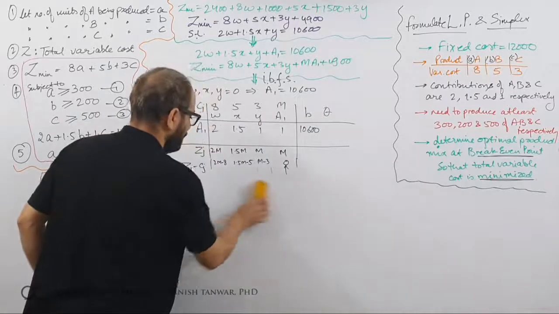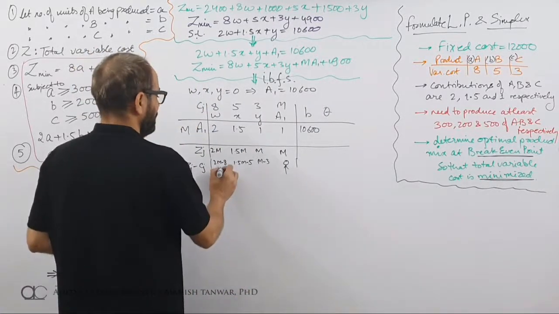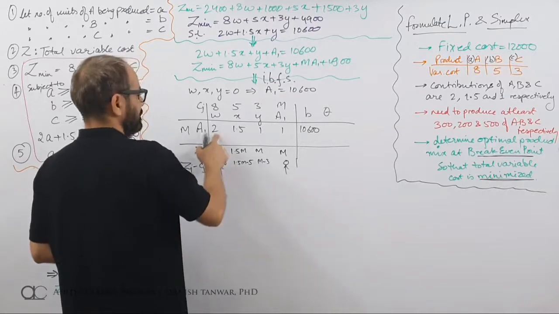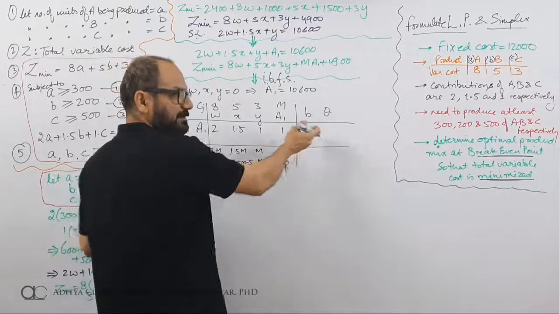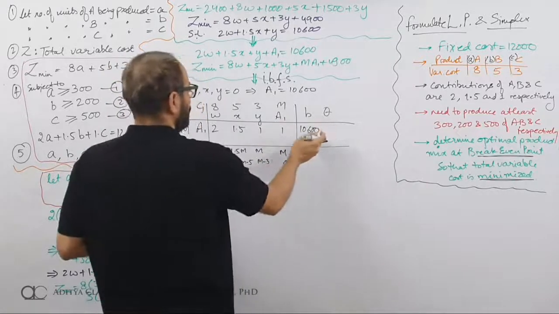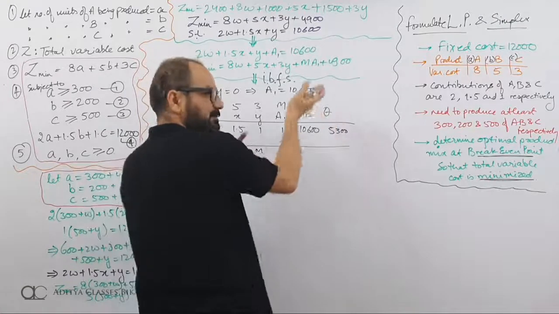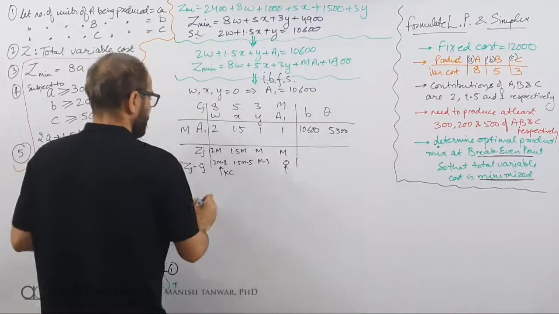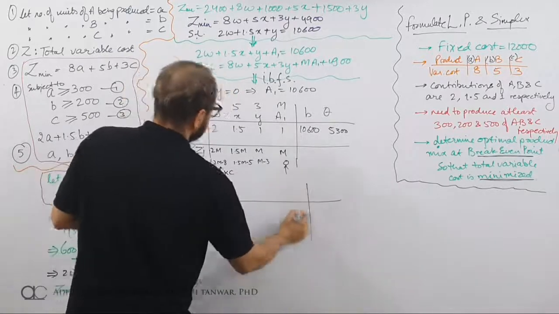If you remember our earlier lectures, we saw how to identify which one is the largest. So this is the largest. If this is the largest, this gives me my key column. Obviously, there is only one row. Theta would be 10600 upon 2, that is 5300. The least positive is only this because there is only one. So let me go to my second simplex table.